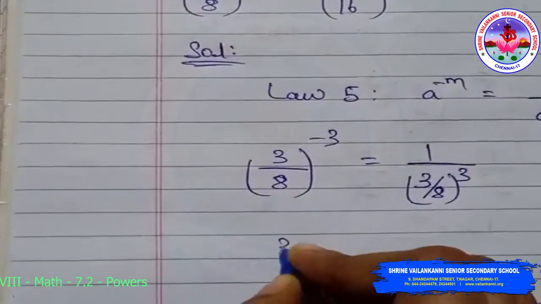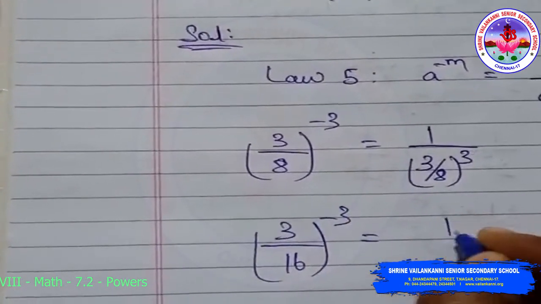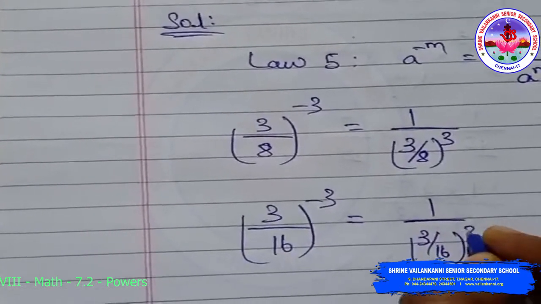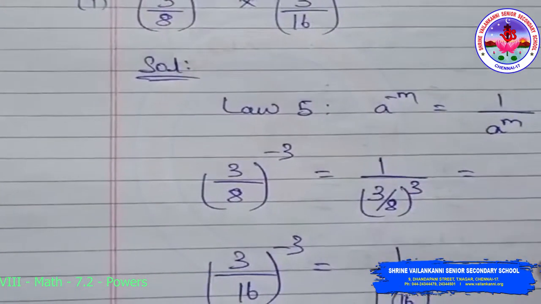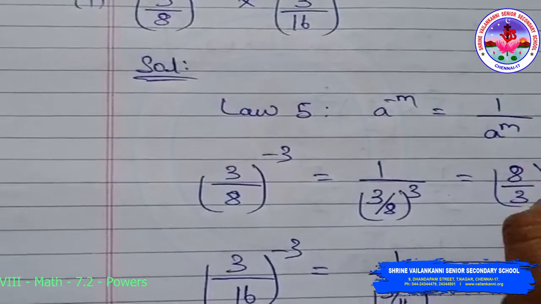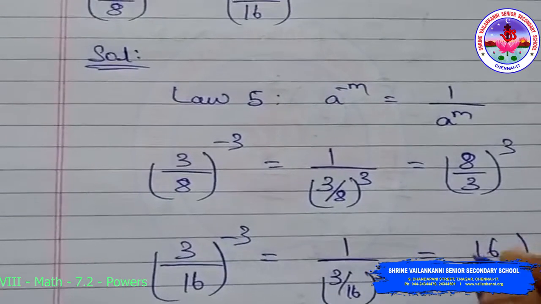The next value, 3 by 16 whole power negative 3 is equal to 1 by 3 by 16 whole power positive 3. Now you can convert: 8 by 3 whole power 3, and here 16 by 3 whole power 3.